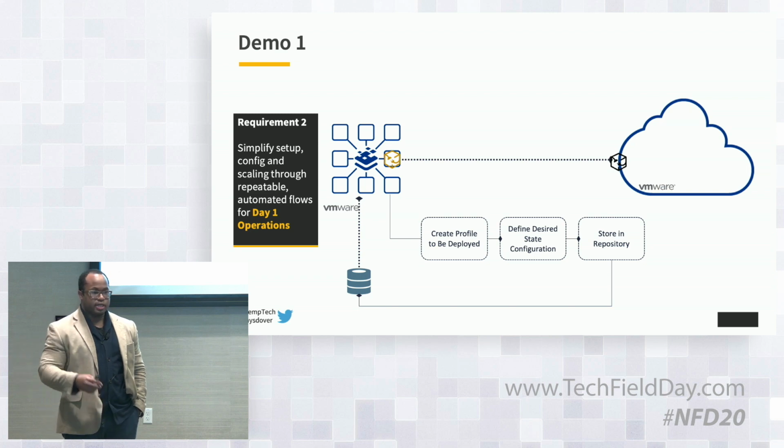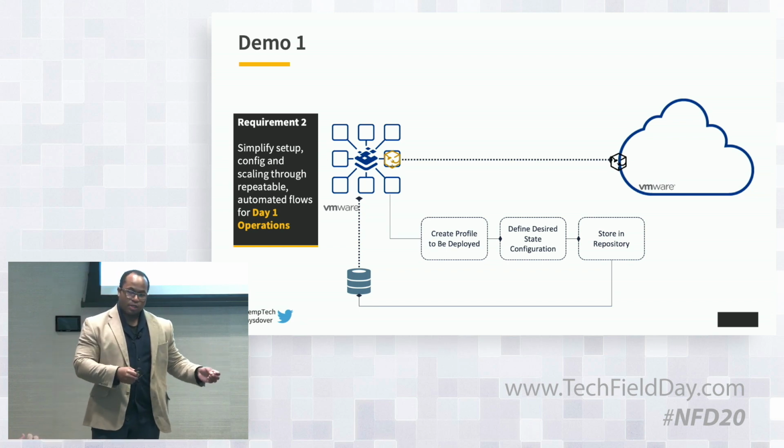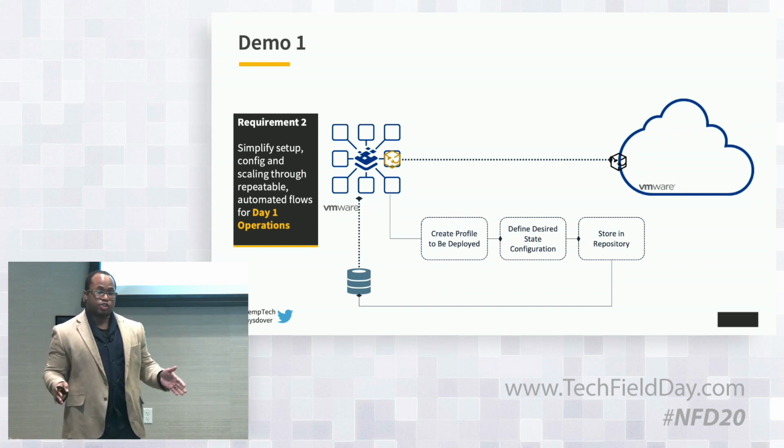There are some customers that have kind of built their own ecosystem with the Lego bricks and parts that are out there. Some customers rely more on the vendor. And to address those customers that rely more on the vendor, we've built these capabilities. And so what we'll be looking at is the creation of a load balancer profile and the automated deployment of that profile into a VMware infrastructure in this particular case.